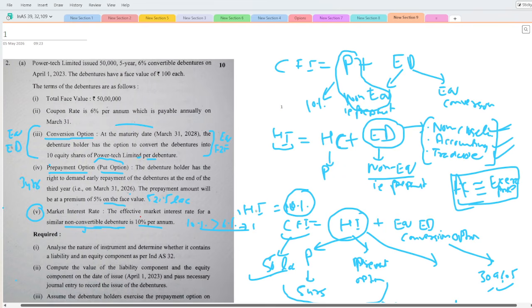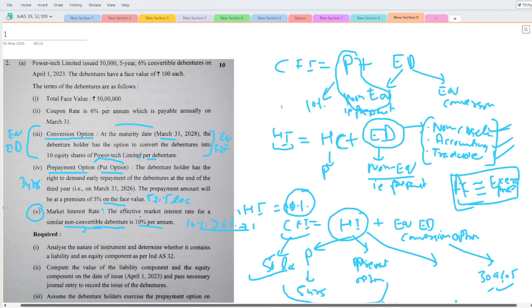That's why the maturity of this hybrid instrument is 3 years. 1st April 2023 to 31st March 2026 comes to 3 years. And in the conversion option, it is 5 years, from 23 to 28. So at inception, this prepayment option is in the money, which is hidden.